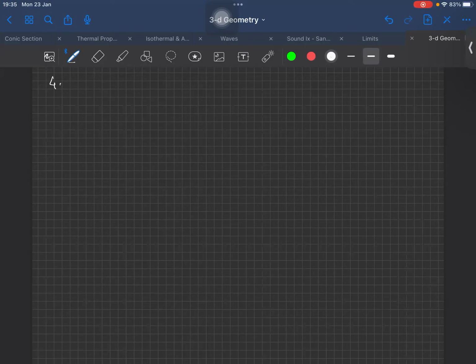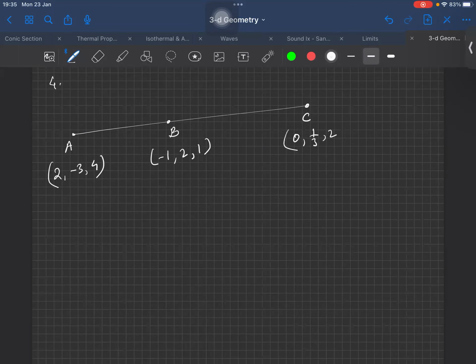How will you show this using the section formula? So you have 3 points, let's say A, B, and C. A is (2, -3, 4), B is (-1, 2, 1), and C is (0, 1/3, 2), right?